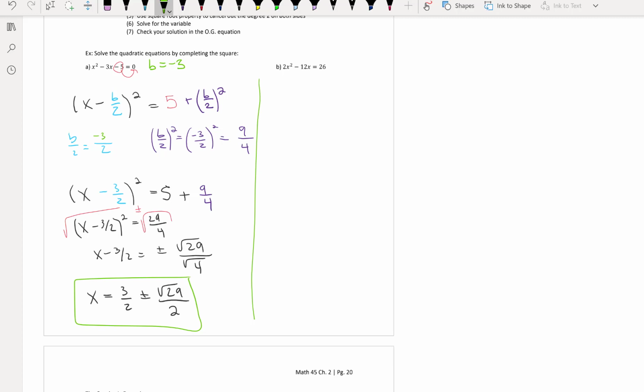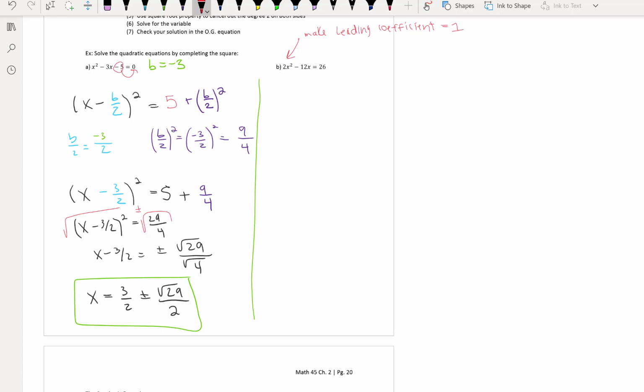Okay. So we're going to take this concept and work on it for part B. So for part B, the first thing we want to do is make sure that the leading coefficient is equal to 1.